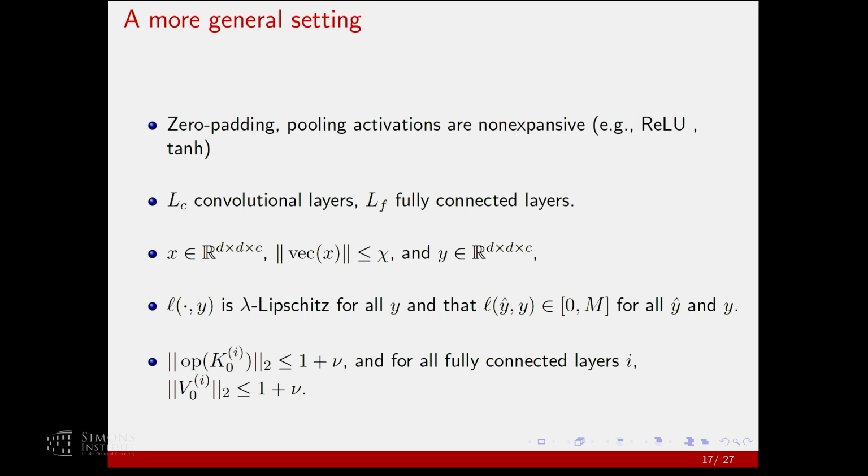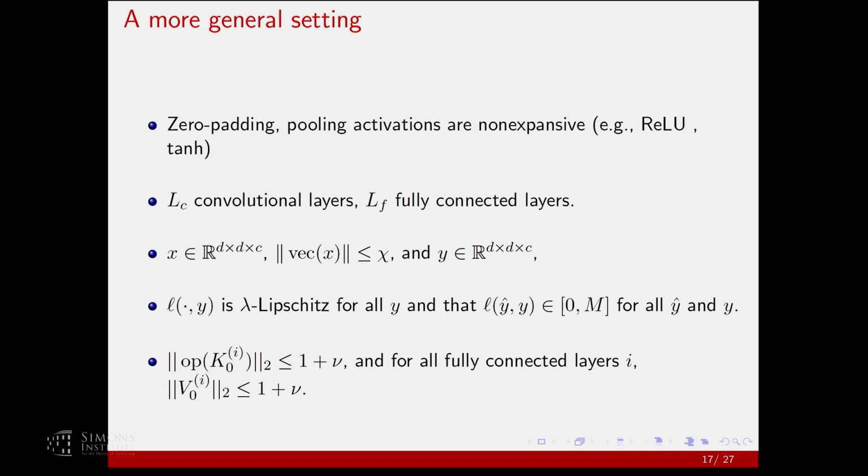Your output is a tensor itself. Of course, we're not making any assumptions on the number of channels in different convolutional layers. It can be anything. But we still make this assumption, which holds in practice, that your loss is lambda Lipschitz, and also that the loss at all the values you are estimating for your network is between 0 and some value M.